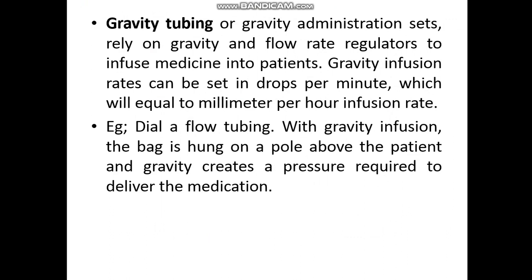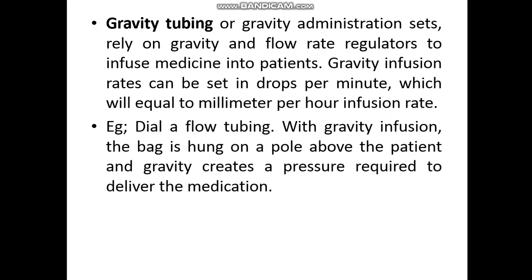We can adjust the drops per minute in the regulators. Drops per minute means how many drops of the particular medication have to be infused in a minute. That rate can be set in the regulator, so the medication will be infused at that speed.